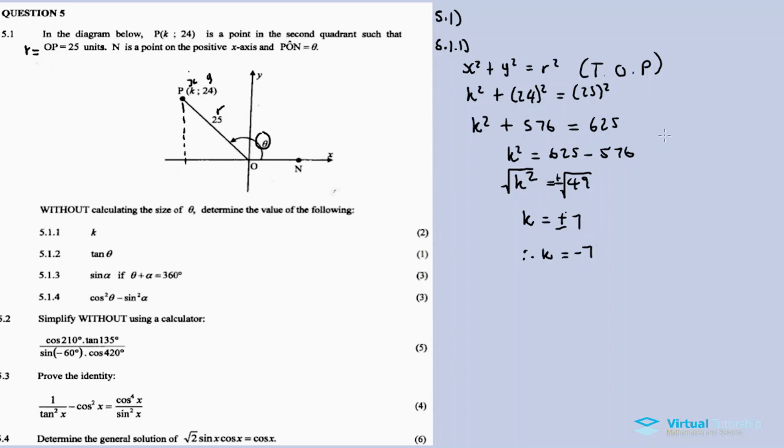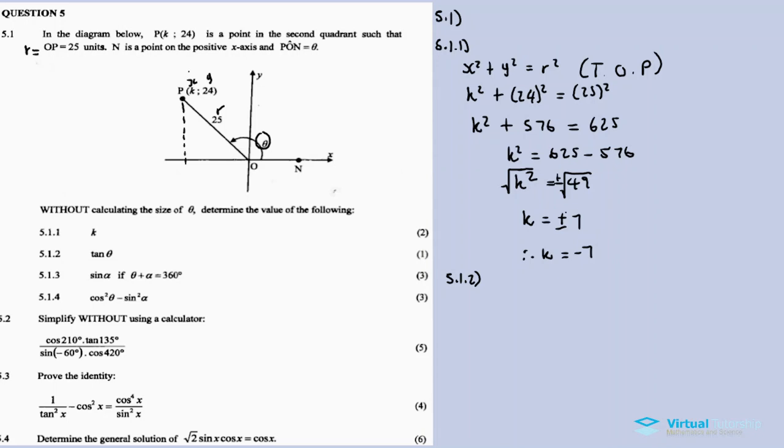The most important thing is that you find K. You can even just write K equal to minus 7, and you will still get a mark. It's 2 marks: maybe 1 mark for substitution, and another mark for your answer. So our K is equal to negative 7.